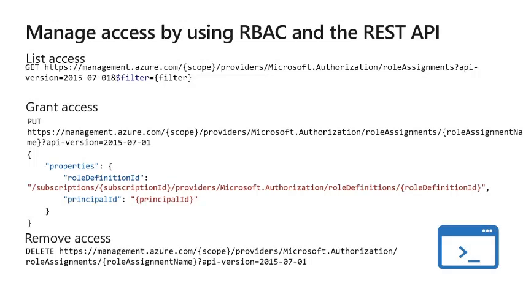To list role assignments, you use one of the role assignment list REST APIs. To refine your results, you specify a scope and an optional filter. So you say get this with this scope. Provider is Microsoft.Authorization, role assignments with this, and filter is your filter.